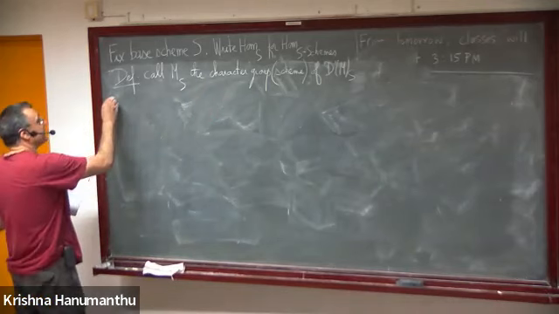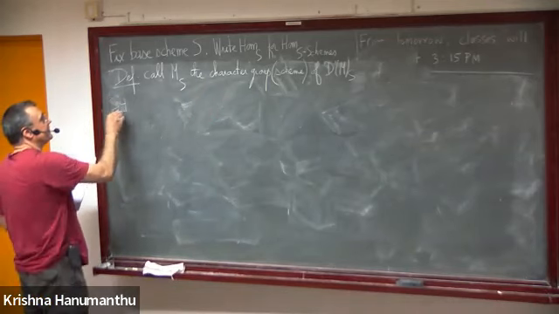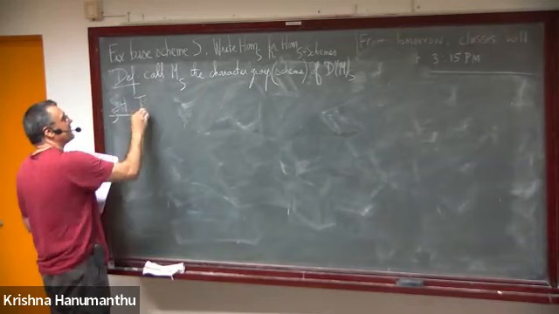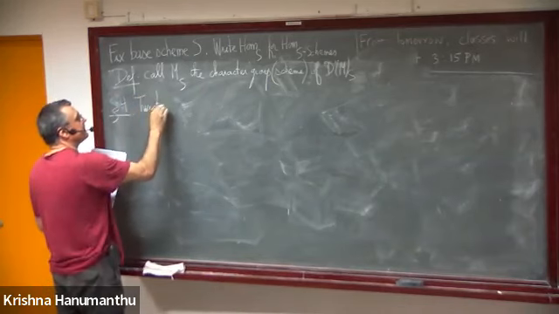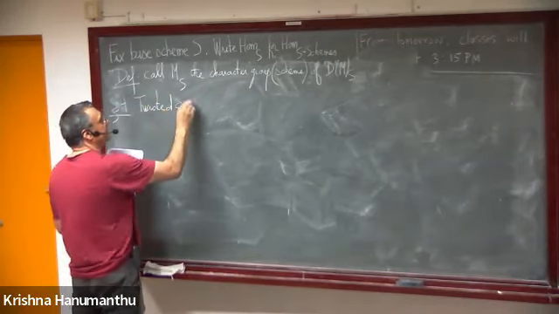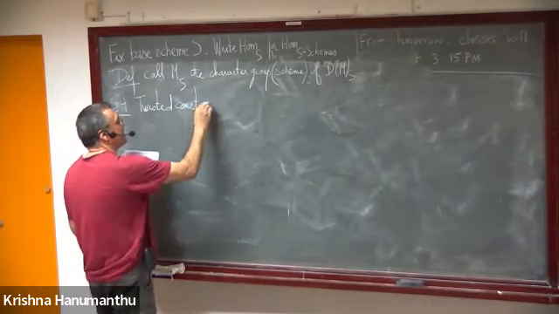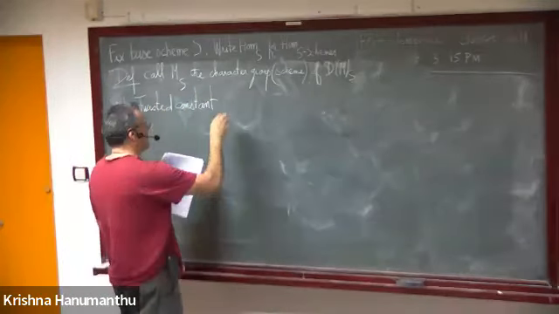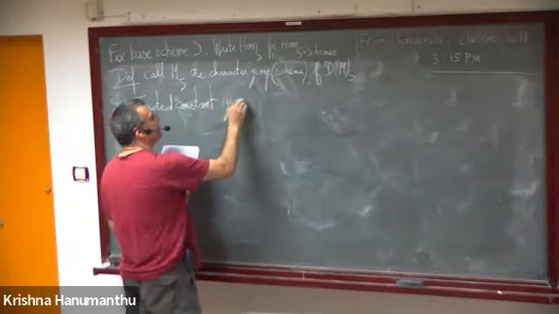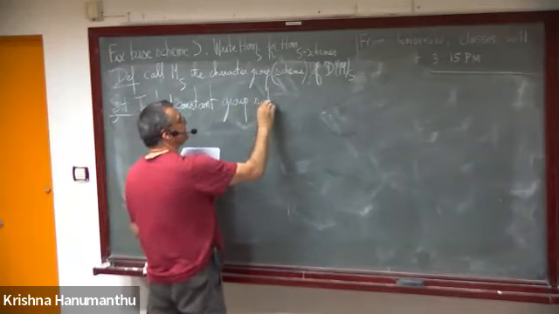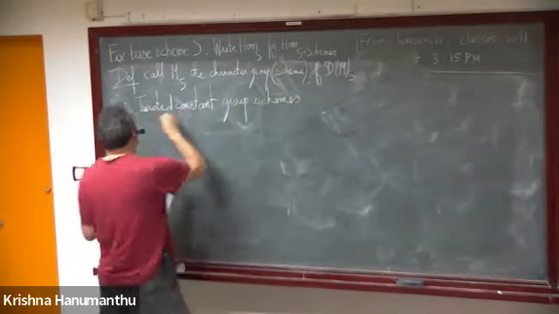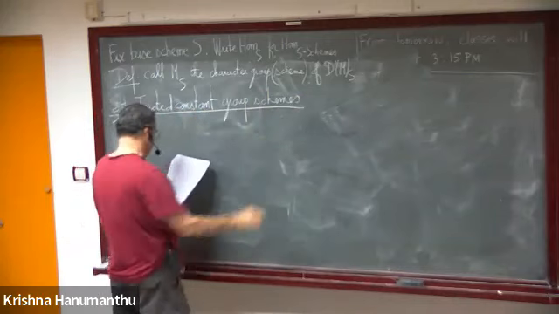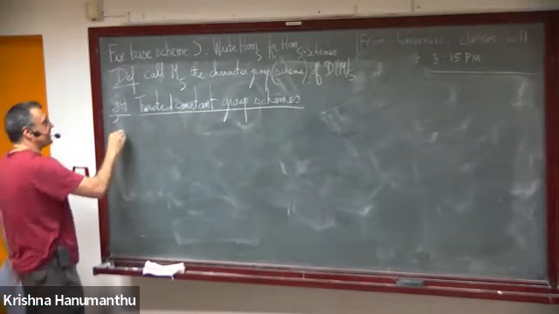Okay, so the next chapter is now what we call twisted constant group schemes. So we start with the definition.